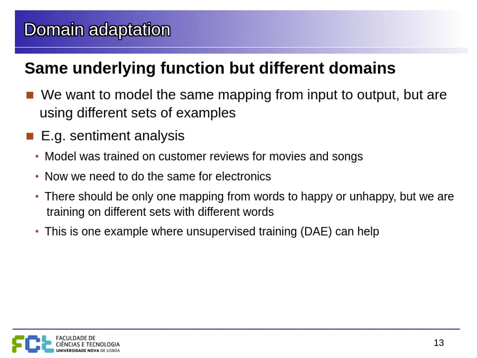Another problem where we could use transfer learning is in domain adaptation, where we want to model the same mapping from input to output, but the examples are drawn from a different distribution. For example, we train the model to evaluate or classify the emotion or the satisfaction of our clients from emails on, say, an online store, and now we want to apply that for a bank or an insurance company or something like that.